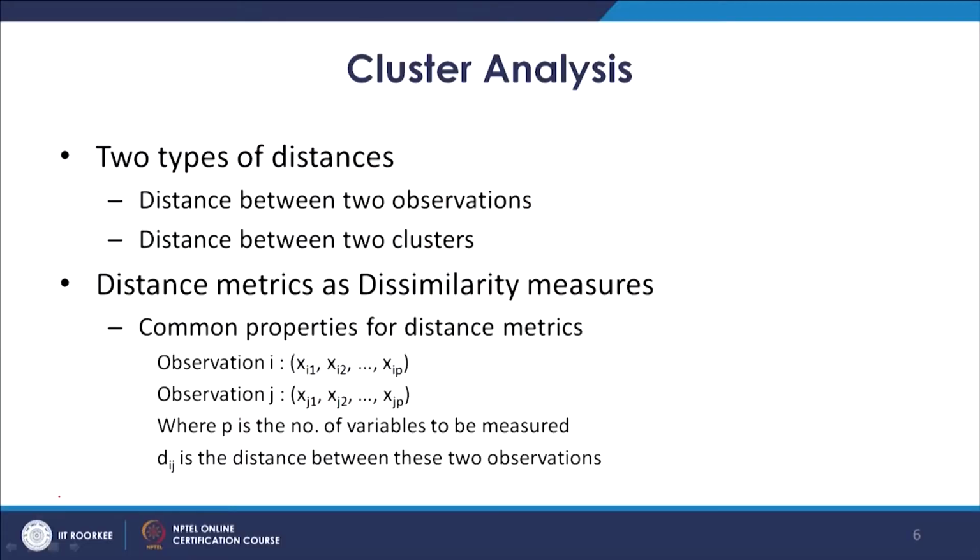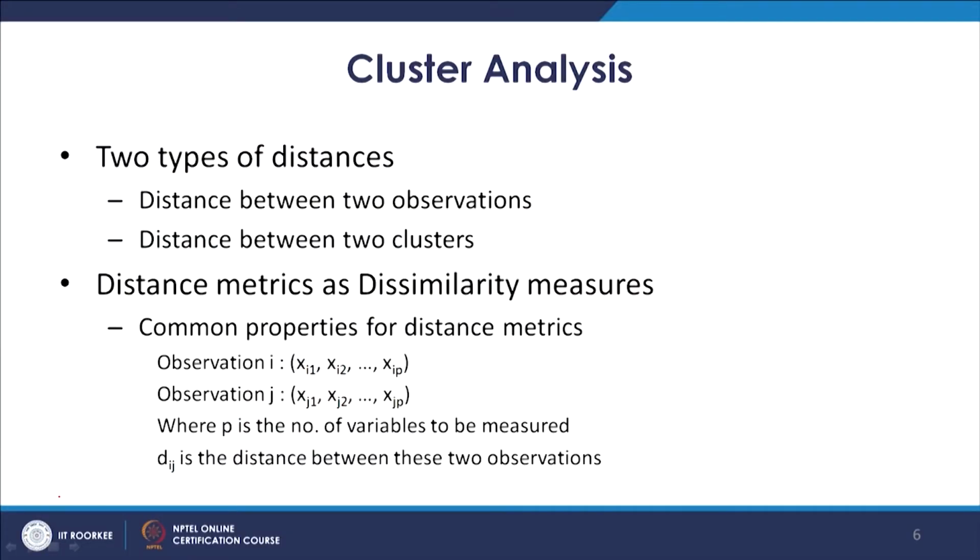So, the metrics that we are going to use to measure distance for our cluster analysis would be either directly based on distance formulas, or based on similarity formulas. We started our discussion with two observations.